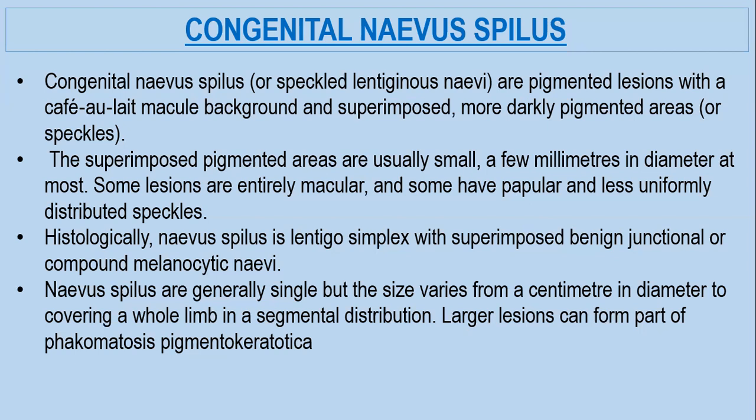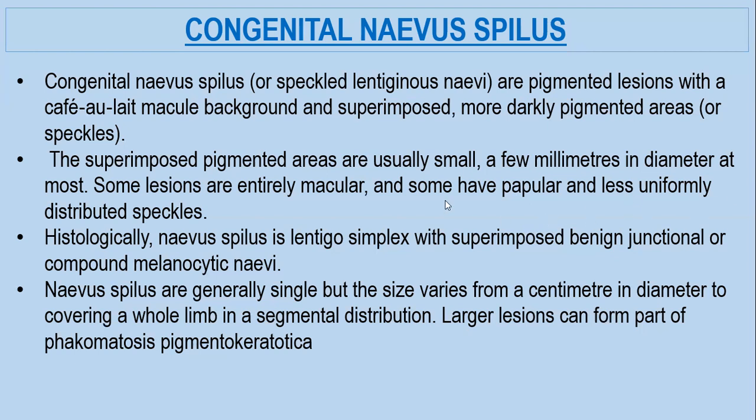Histologically, nevus spilus is a lentigo simplex, the café-au-lait macular background, with superimposed benign junctional or compound melanocytic nevi. Nevus spilus is generally single, but size varies from a few centimeters to larger, involving the whole limb or in a segmental distribution.